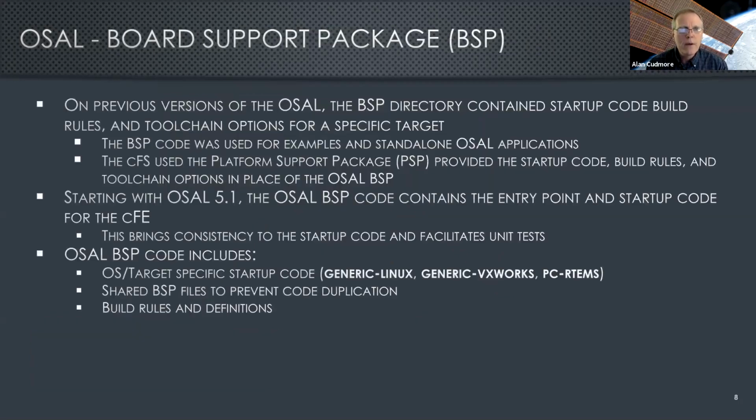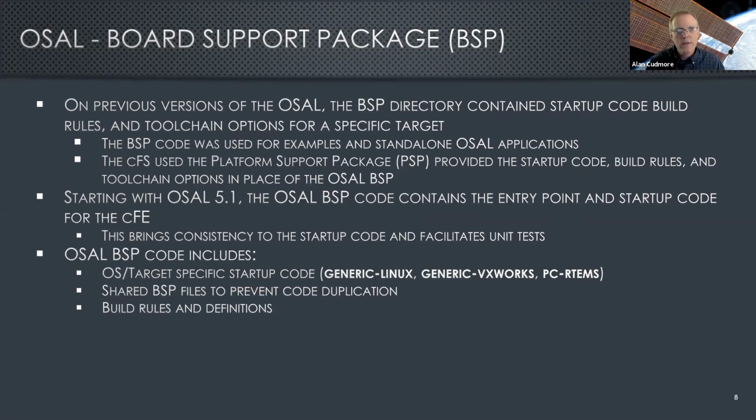So let me go over a few details of the OSAL board support package, as there is an important difference in how this code is used compared to earlier versions. Previously, the OSAL BSP directory contained startup code, build rules, and toolchain options for a specific target. This BSP code was used for examples and standalone OSAL applications, in other words, OSAL without the CFS.